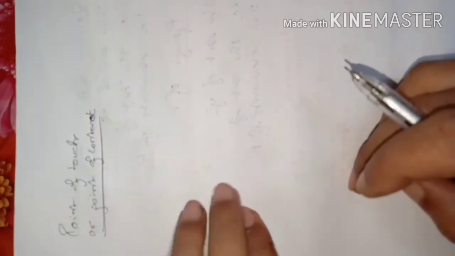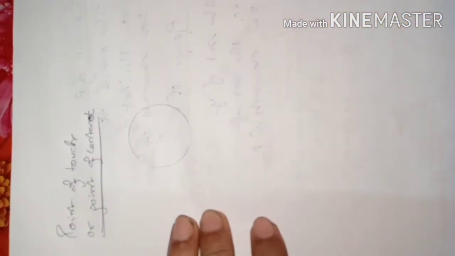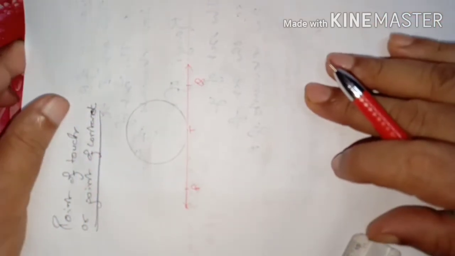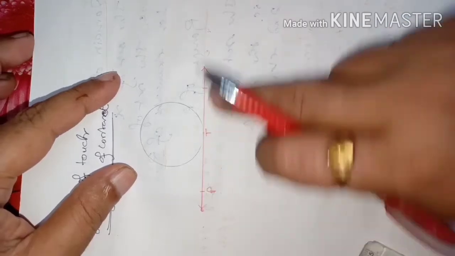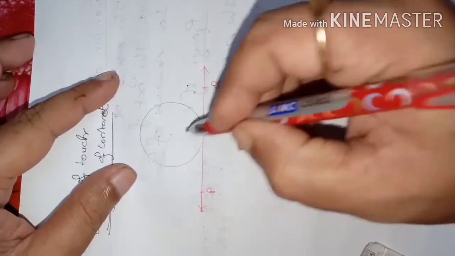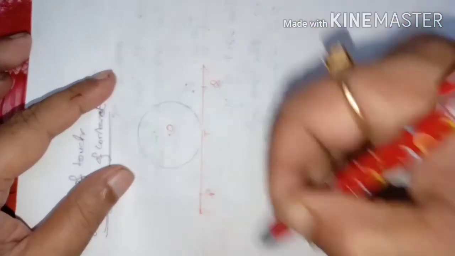Point of touch or point of contact. If a circle is touched by a line at a point, that line is called a tangent. So when we draw a tangent to a circle, just see, students, PQ is a tangent to the circle at T, and O is the center of the circle.